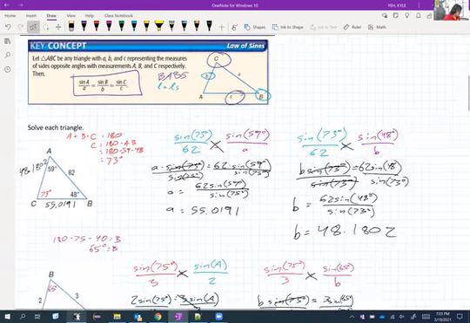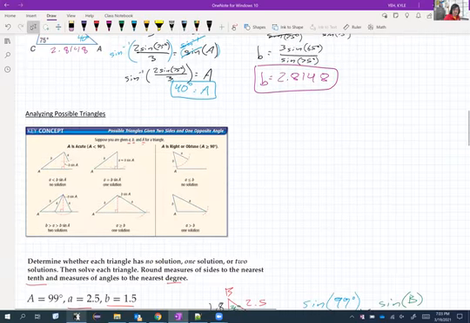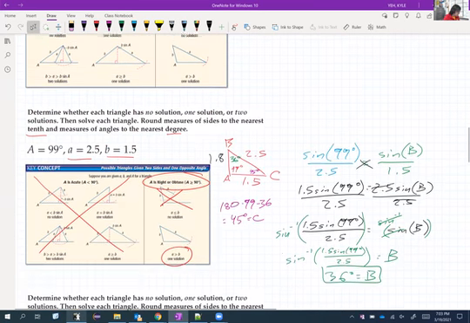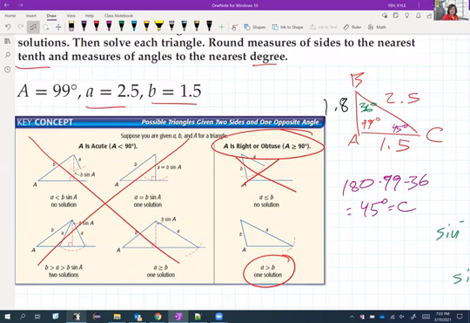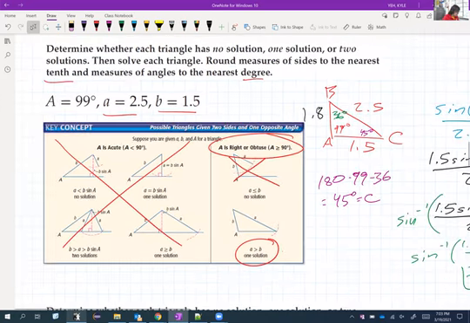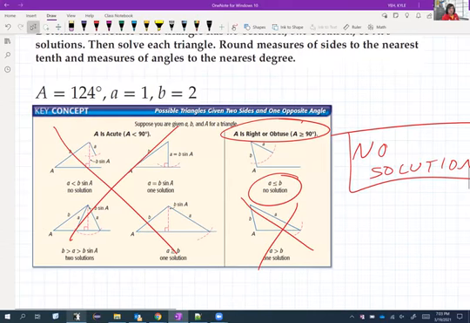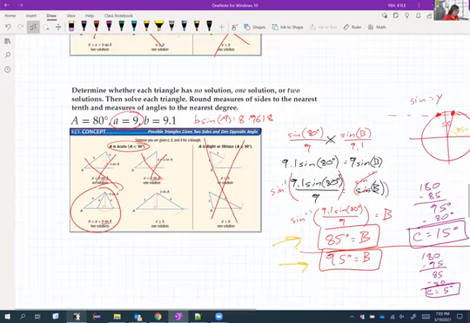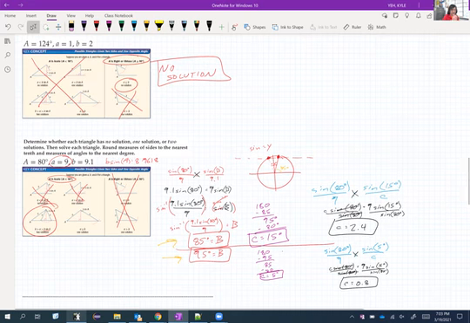So we got lots of practice with that. And then we had three examples about analyzing possible triangles, saying, using this chart, is there one solution, in which case it's a normal law of sines, zero solutions, in which case it's lovely, no solution, or two solutions, which is that harder conceptually, that harder scenario that we just demoed.